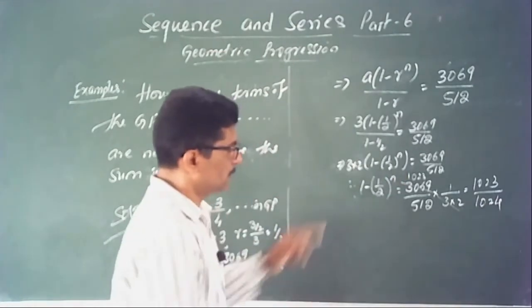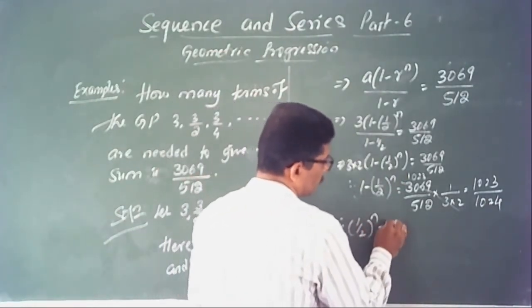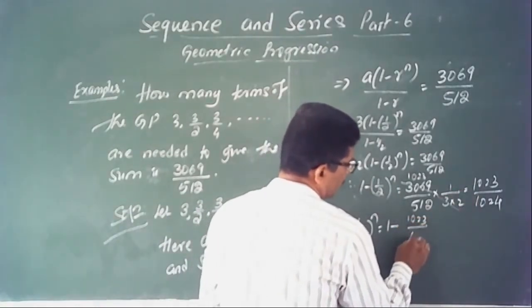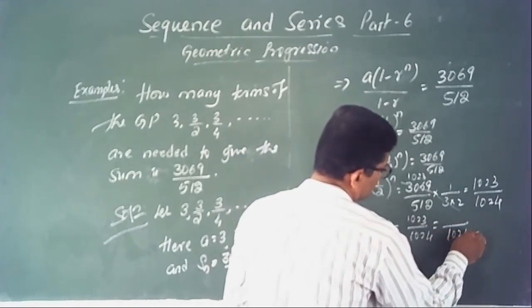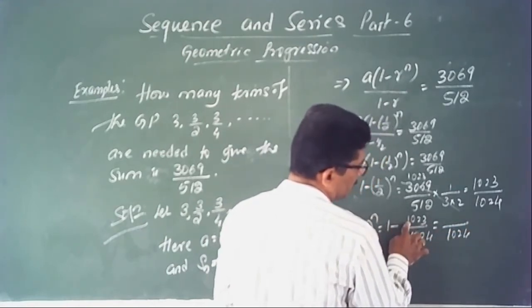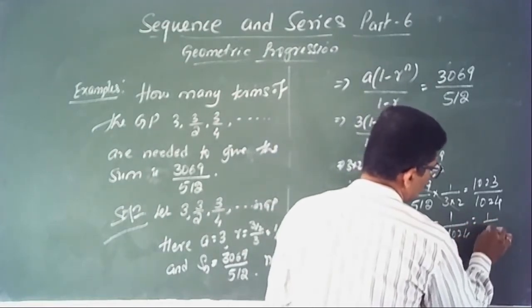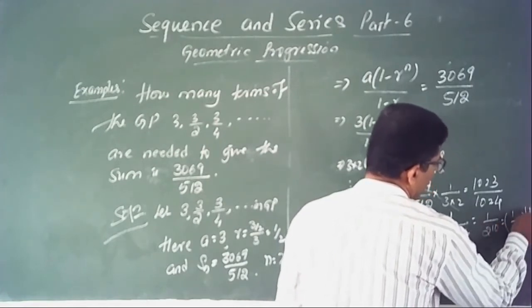Yes. Therefore 1 divided by 2 to the power n is equal to 1 minus 1023 divided by 1024. 1024 is the LCM. 1024 minus 1023 means 1. It can be written as 1 divided by 2 raised to 10, or 1 by 2 to the power 10.